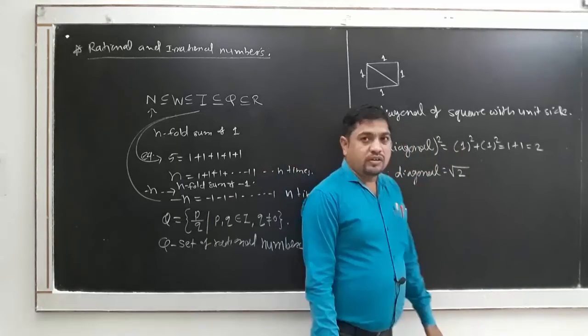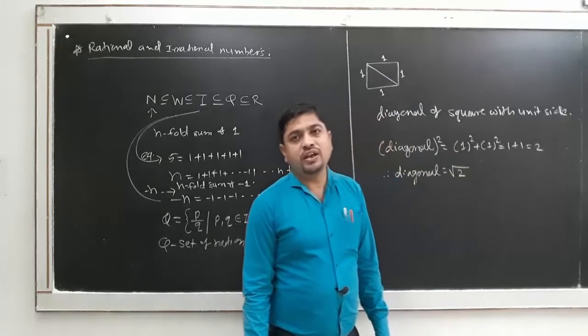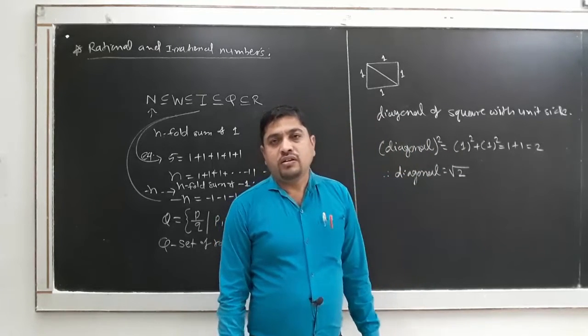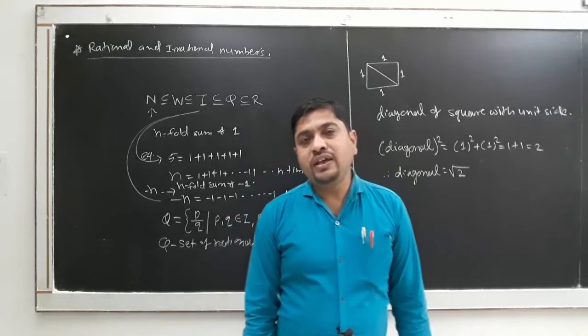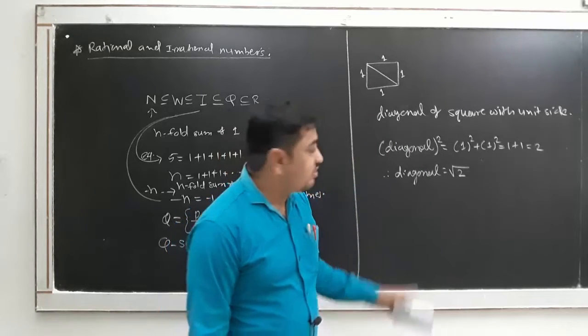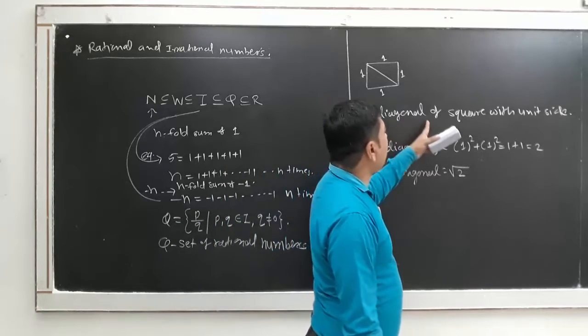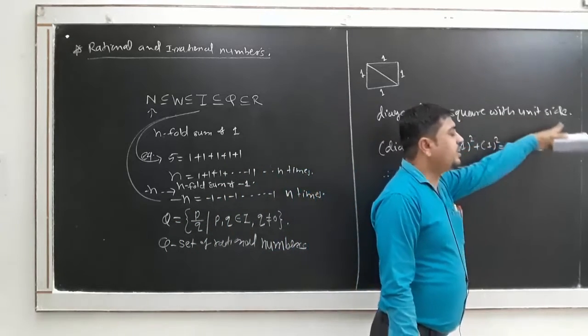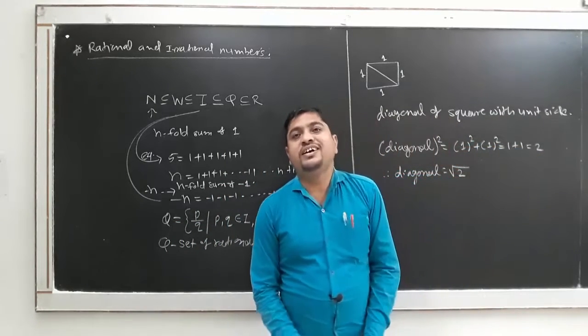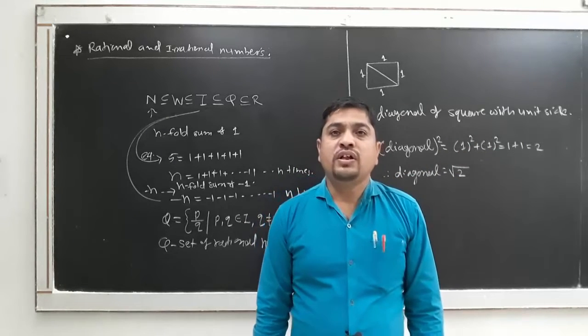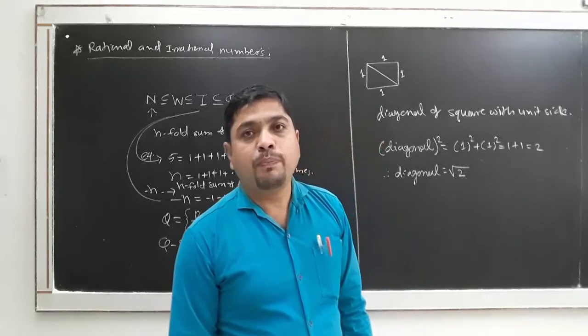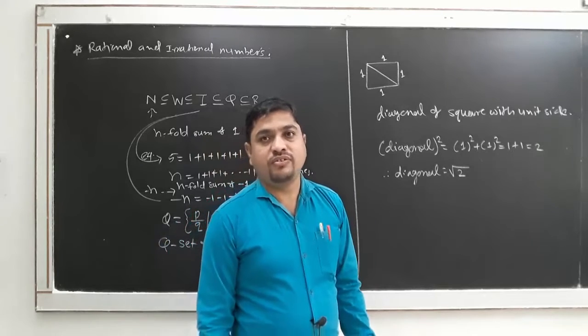In the 6th century, the Greek society of Pythagoreans discovered this. What did they discover? The diagonal of the square with unit side cannot be written in the form of a ratio of integers.